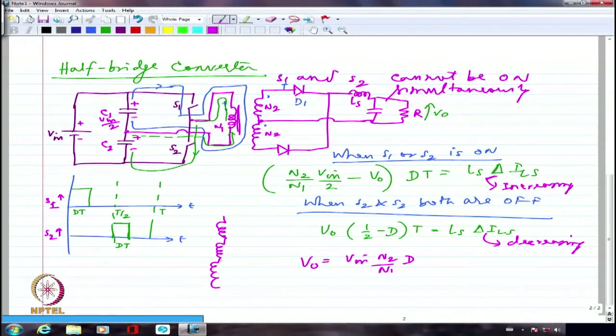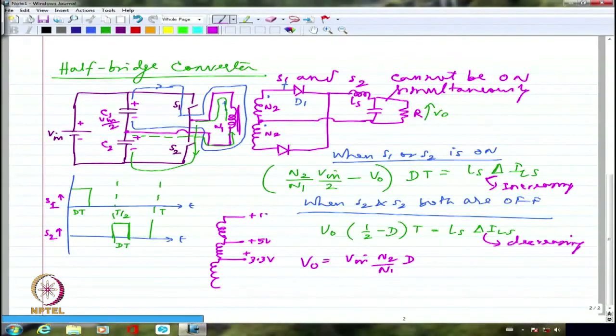So I can get maybe 3.3 volts from here, plus 5 volts from here, plus 12 volts from here. If I need plus 15 or something, I can have more number of turns, but I can ground this portion. This can be grounded.